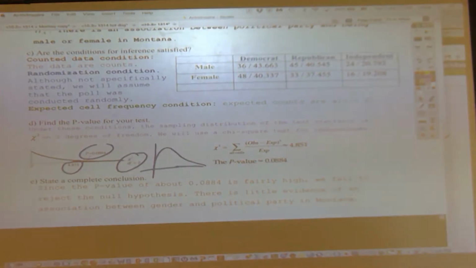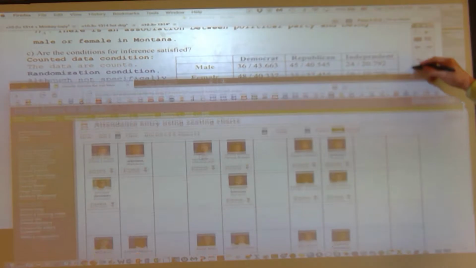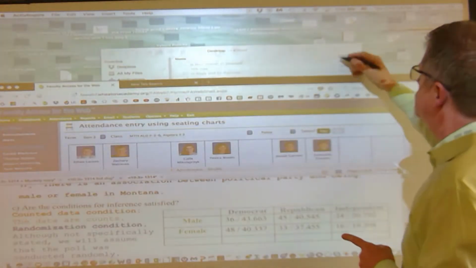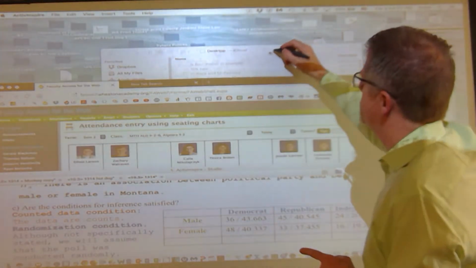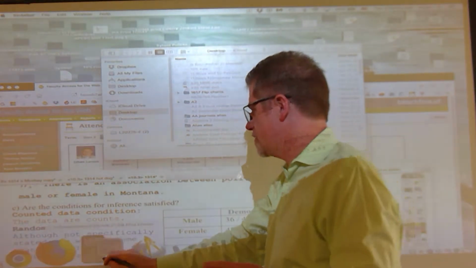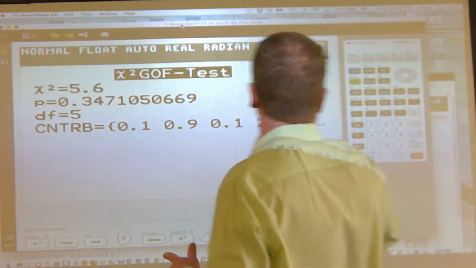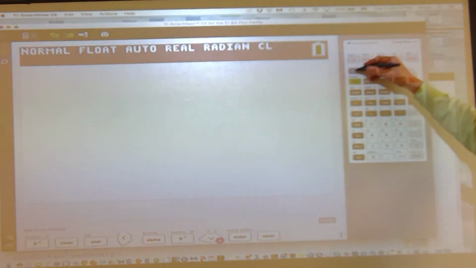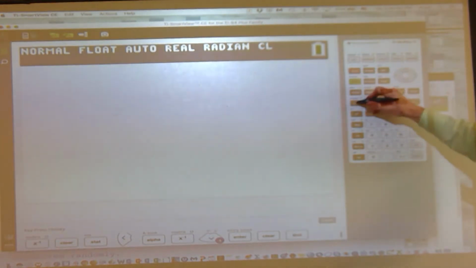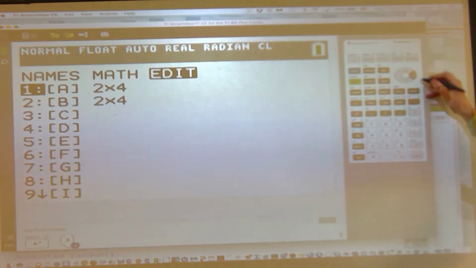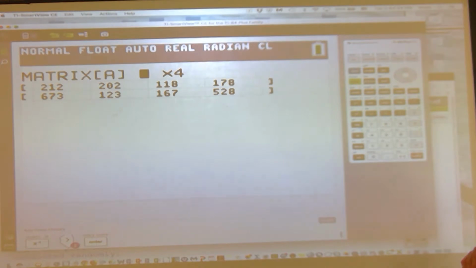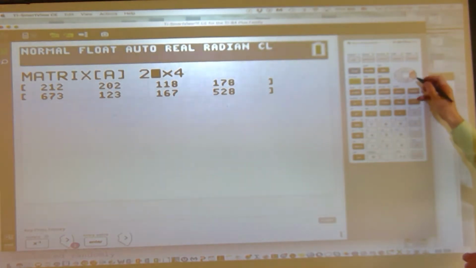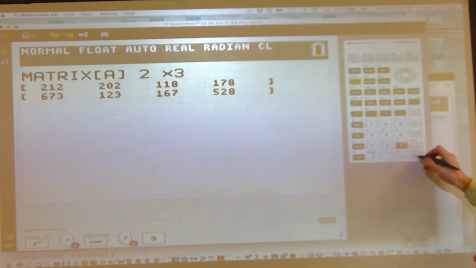Question, page. How do we get the expected values again? They're in matrix B. So on this problem, when you enter the matrix into the calculator, which I'm going to pull up right here, your very first move should be to go to your matrix menu and edit matrix A. Isn't this a 2 by 3 matrix, 2 rows and 3 columns?